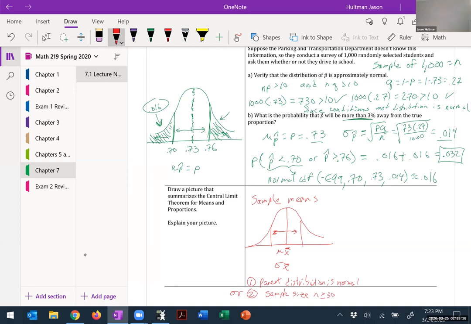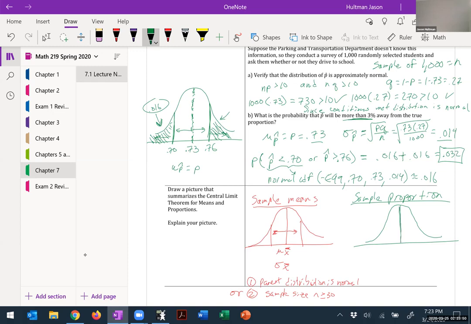We didn't do any of those for the sample size. We did do one for the proportions. What about for the sample proportion? Let's summarize what we learned.